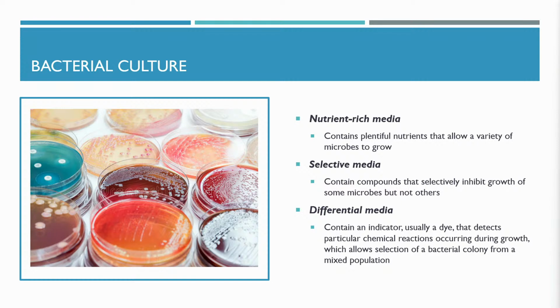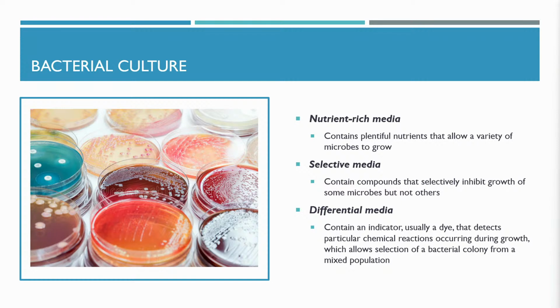And then there is differential media, which, hence the name, contains something that allows you to differentiate between two things that can grow on the plate. So it usually contains an indicator. It's usually a dye or something that detects particular chemical reactions that occur during the growth of the organisms, and then allows a selection of the bacterial colony to grow a different way from that mixed population.